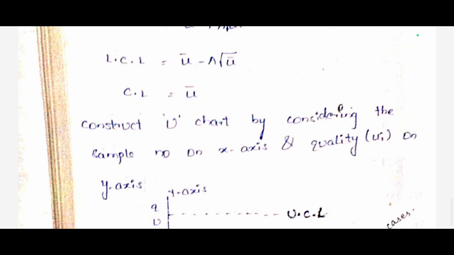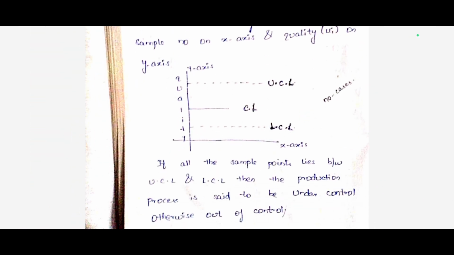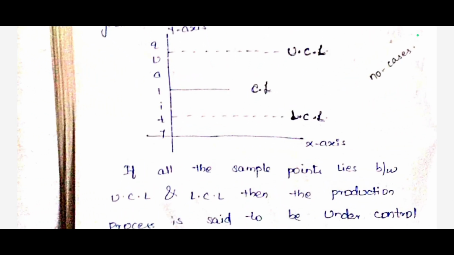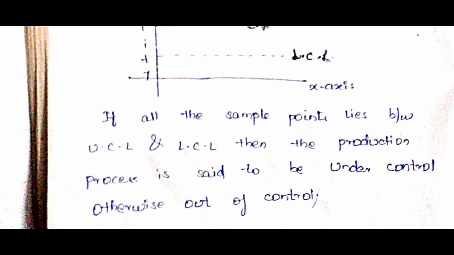Construct the U chart by considering the sample number on the x-axis and the quality on the y-axis. If all the sample points lie between the UCL and LCL, then the production process is said to be under control, otherwise it is said to be out of control.